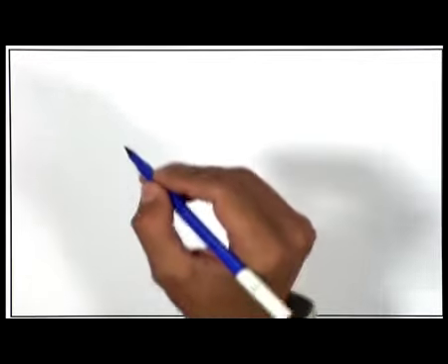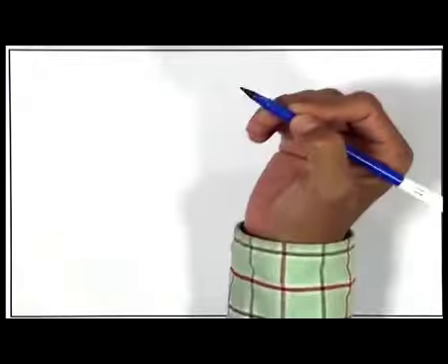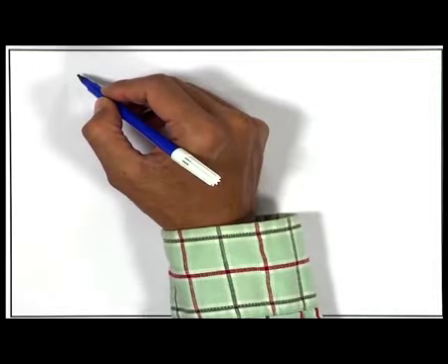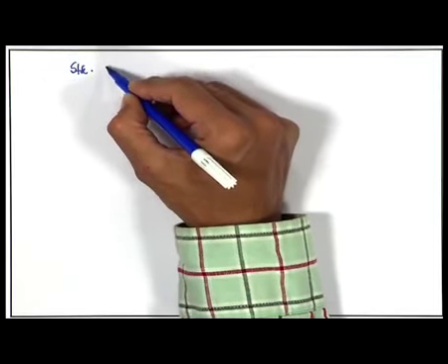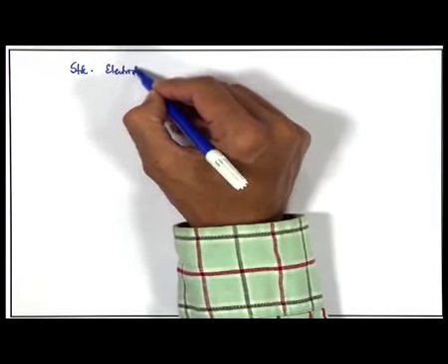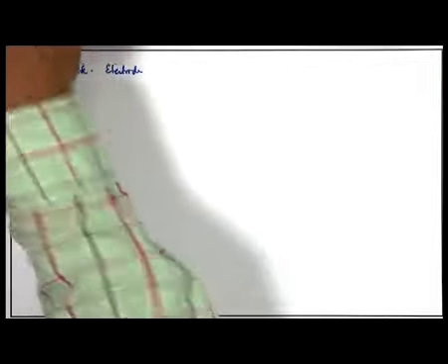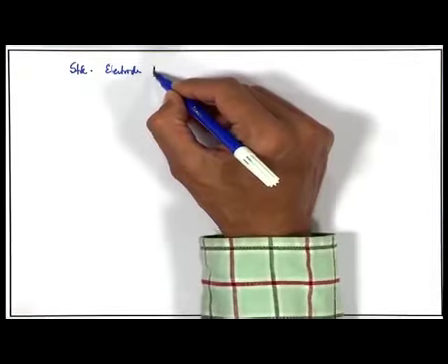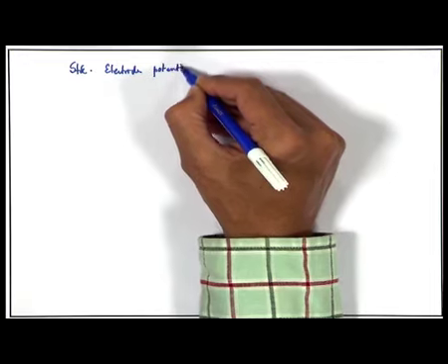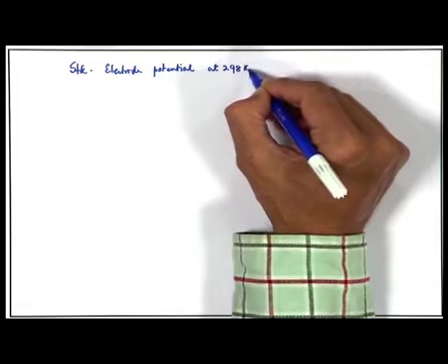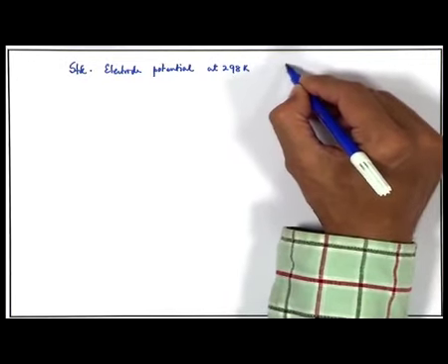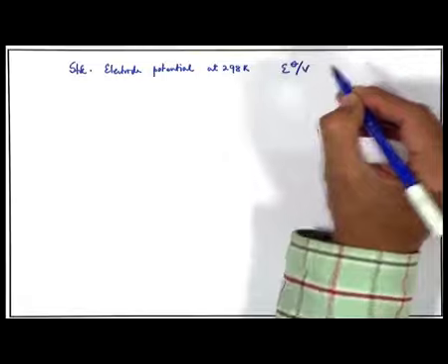Okay. So, let us look at some standard electrode potentials, reduction potentials at 298 Kelvin, of some substances. Standard electrode potential at 298 Kelvin, E 0 in volt.